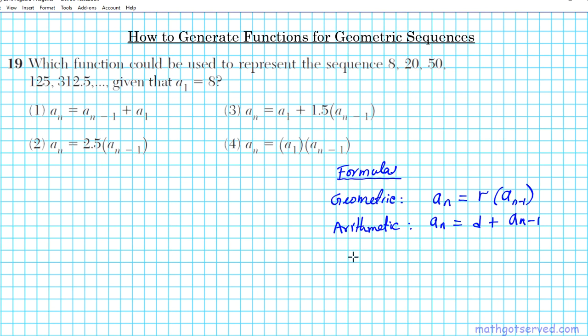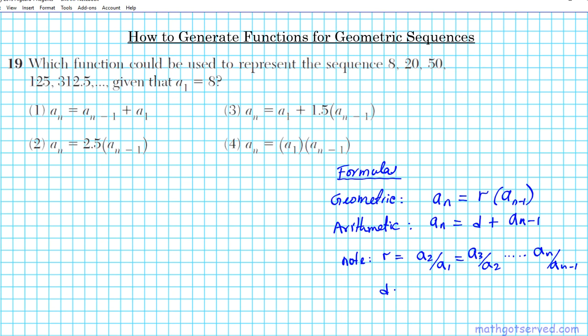Another thing to keep in mind is that the common ratio for geometric sequences is a term divided by the term before it. So let's just use concrete examples. The common ratio is a2 over a1, a term divided by the term before it, or a3 over a2, or a sub n divided by a sub n minus 1.